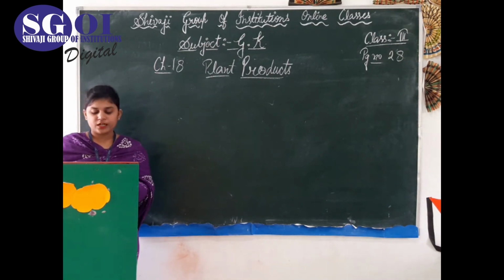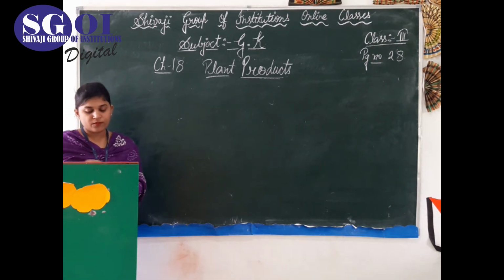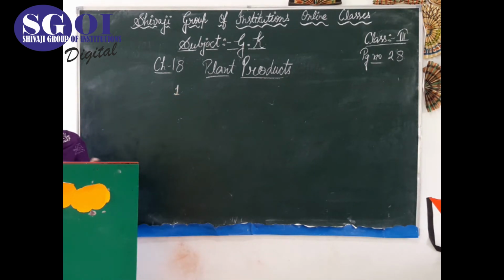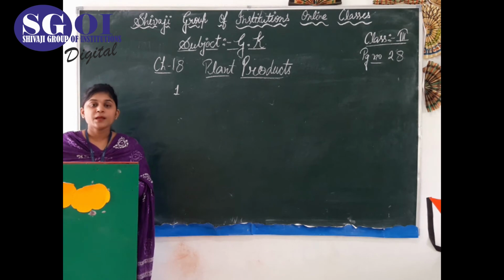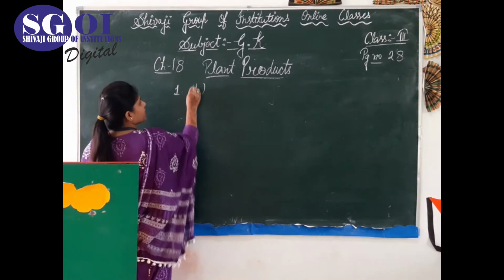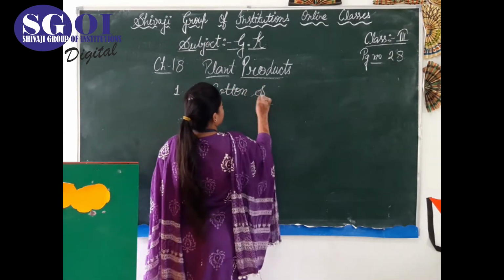Match the following products with the correct plant, the tree or leaf. First is given cotton plant. Cotton plant matched with B. Cotton shirt. That is cotton shirt.